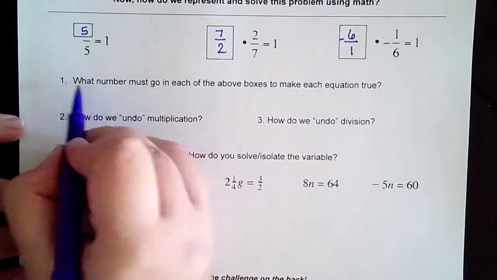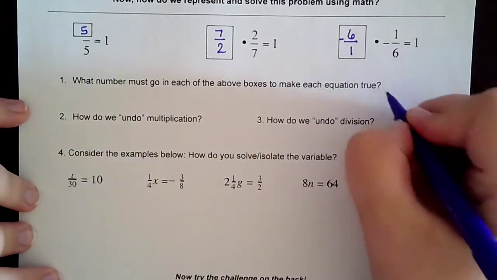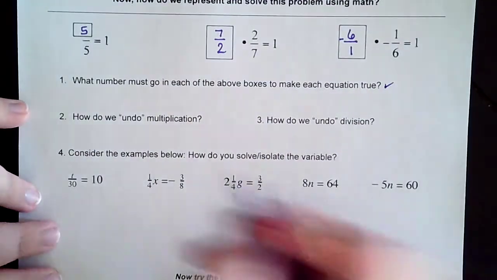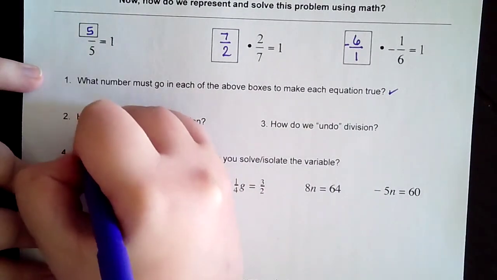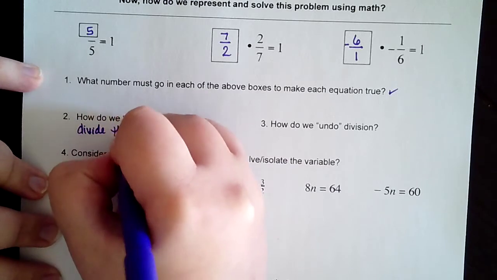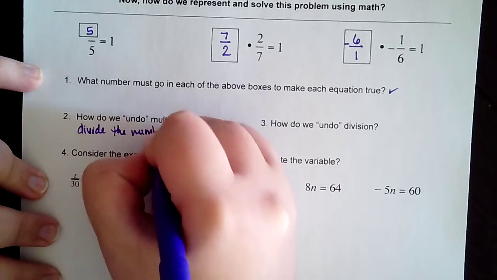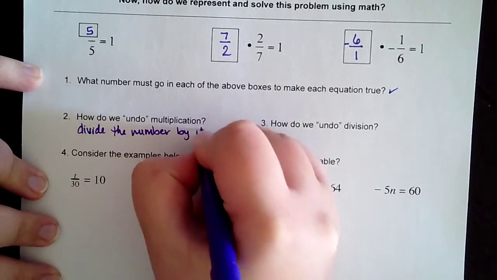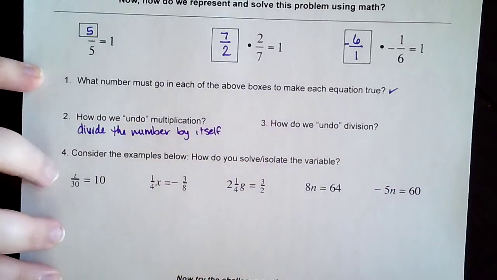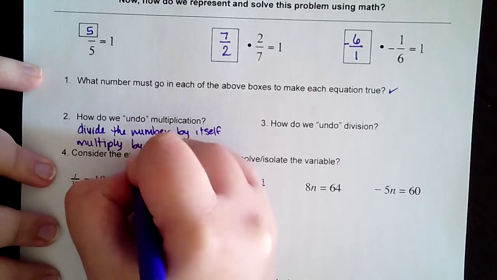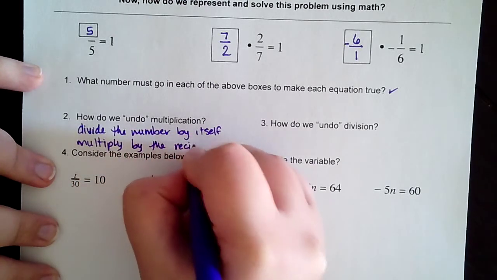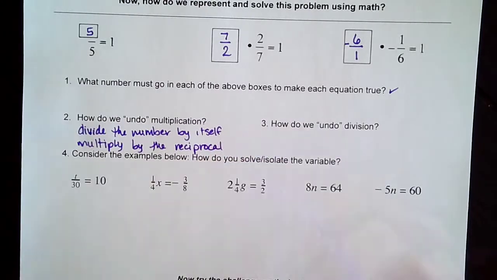So we already did the first one. What number must go in each of the above boxes to make the equation true? But how do we undo multiplication? Well, we can either divide the number by itself, or we can multiply by the reciprocal, which is just what we do when we put the numerator in the denominator position and the denominator in the numerator position.